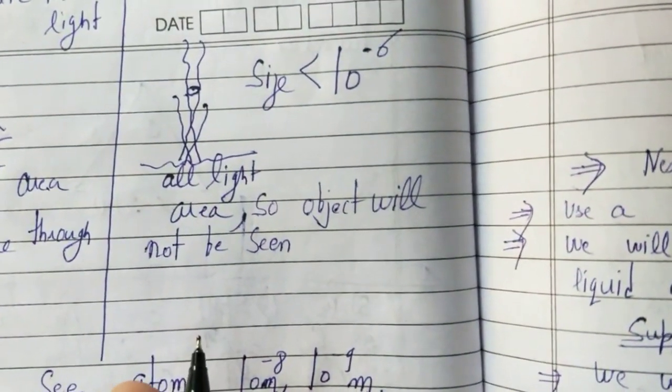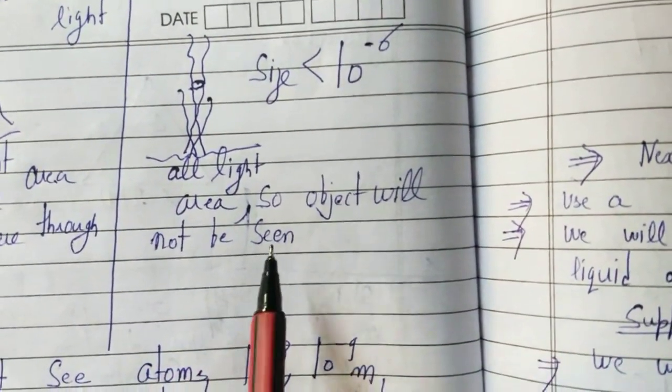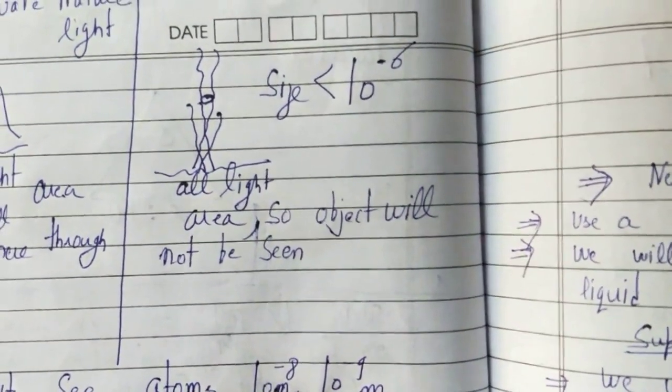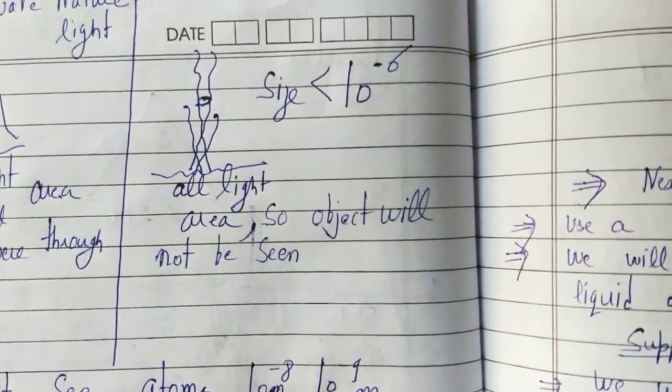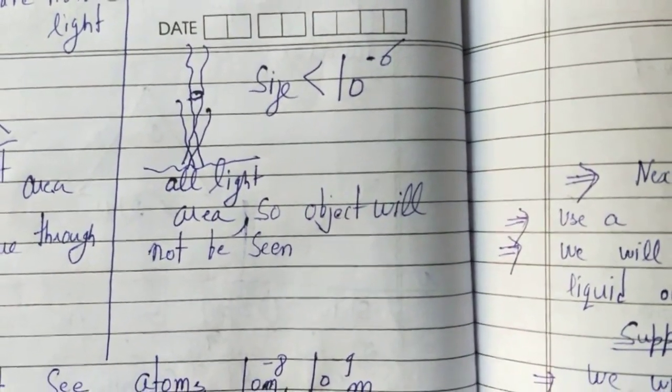No dark patch will be created. So the object will not be seen under a microscope if its size is less than 10 to the power minus 6.